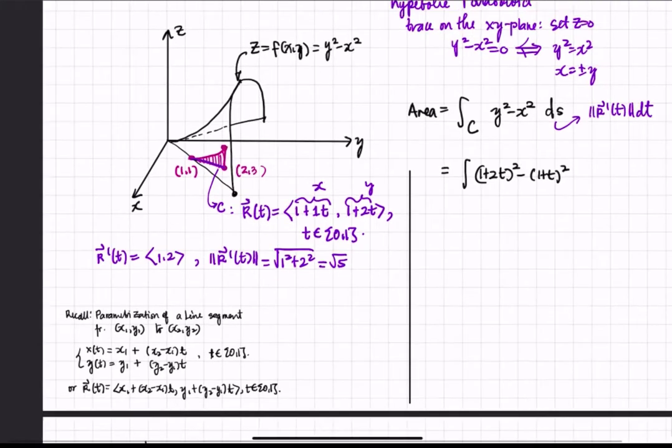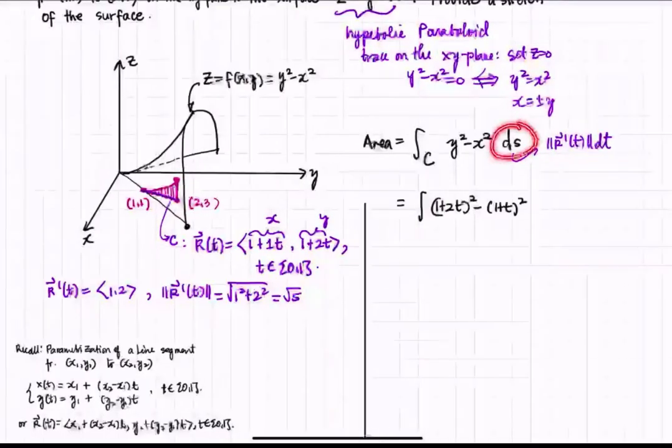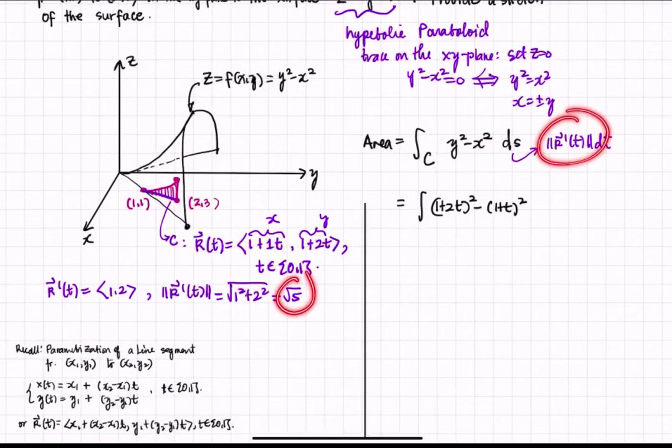So back to what we are computing, we're at ds now. The magnitude of r prime is square root of 5 dt. And our bounds are the bounds of t, from 0 to 1. Okay?